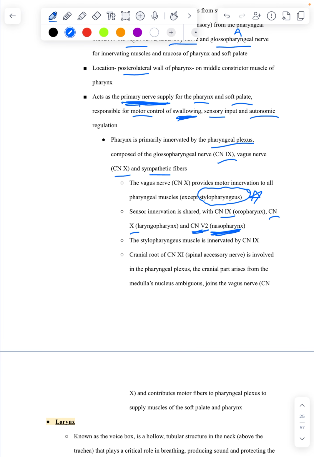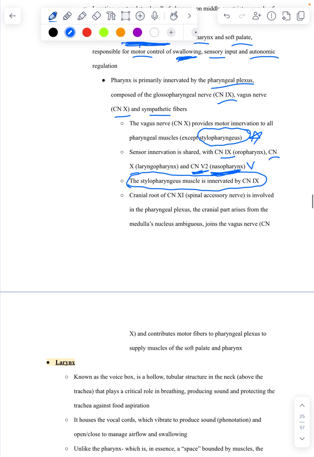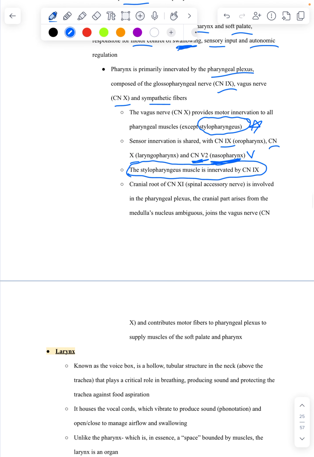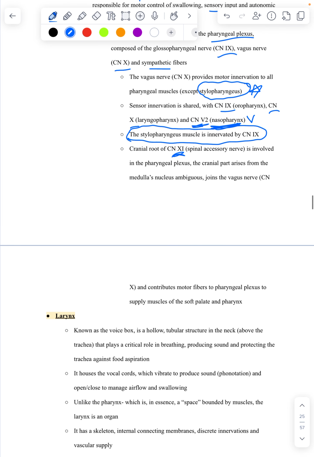So cranial nerve 5 plays a role in here for sensory innervation, because cranial nerve 5 is mostly sensory, but it has a little bit of motor as well, which is the chewing stuff, the muscles of mastication. Again, stylopharyngeus, innervated by 9. And then the cranial root or part of 11 is also involved in this because it joins 10.